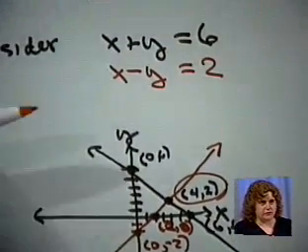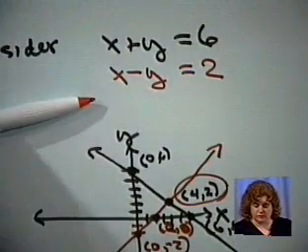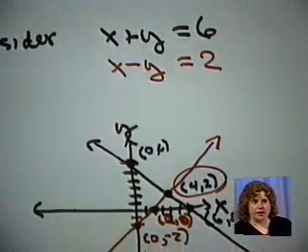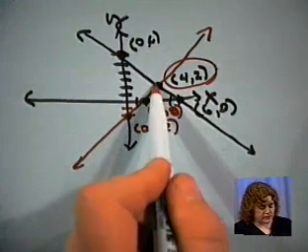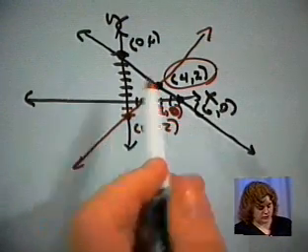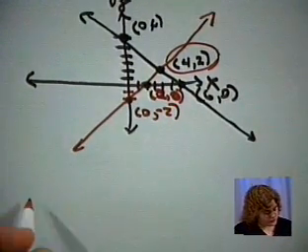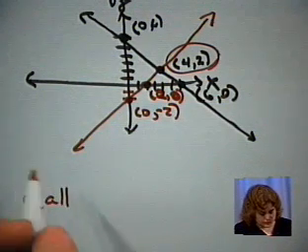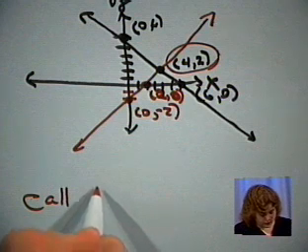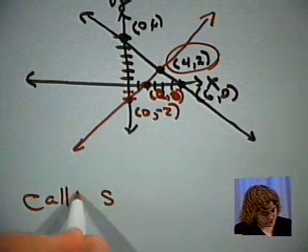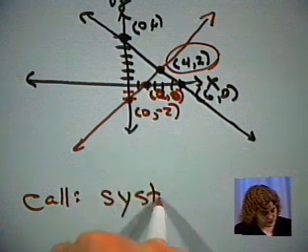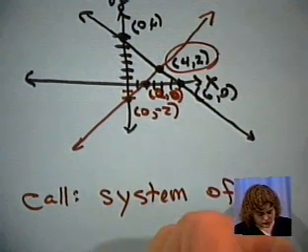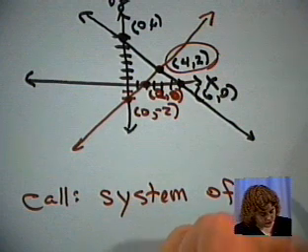The set of these two equations is called a system of two equations. And when I look at them both together and look at a graph, the place that they intersect is called the solution of the system. So let me just write that down. We're going to call this a system of two equations in two variables or two unknowns.